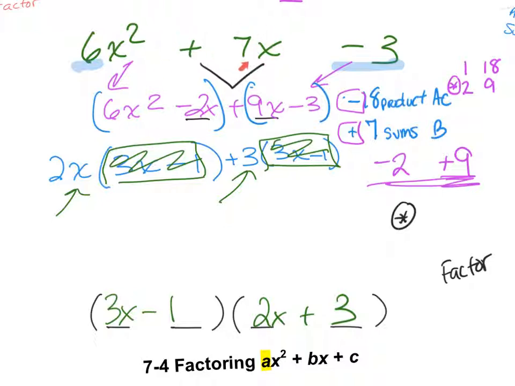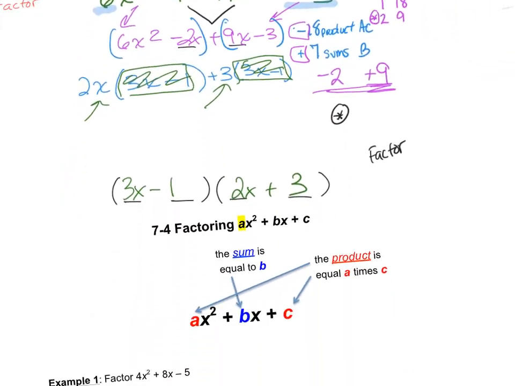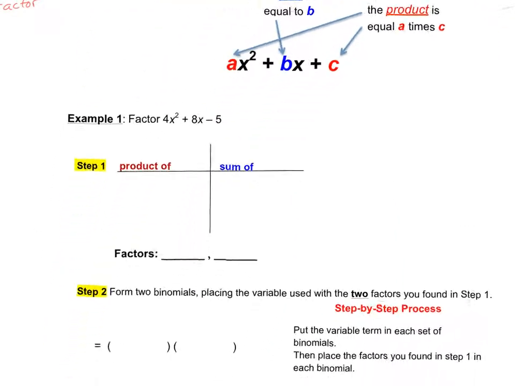And so to expand the middle term, you do product of AC, what numbers multiply to whatever a times c is, in this case negative 18, that sum to b, that add to 7. You list your factors, choose the correct one, try to figure out your signs, and then those factors are the expansion of the middle term, so that then you can group and factor. So product of AC, sum of b.